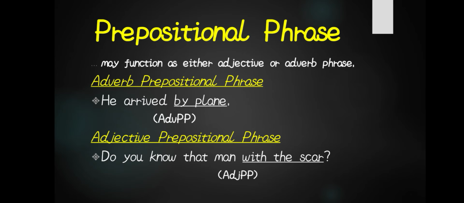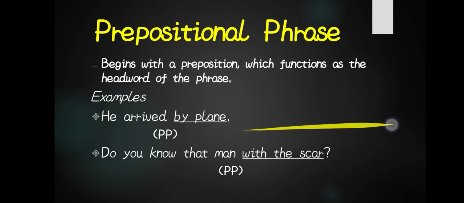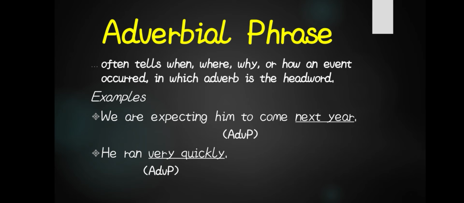Okay? Meaning to say, walay preposition. Pag naa nay preposition, adverb prepositional phrase na siya. I-compare na to ha sa adverb para di mo malibog. Ang adverb phrase, ing-ana na lang siya kadali. Walay preposition nga nagsagol. Very quickly, next year, kana siya.